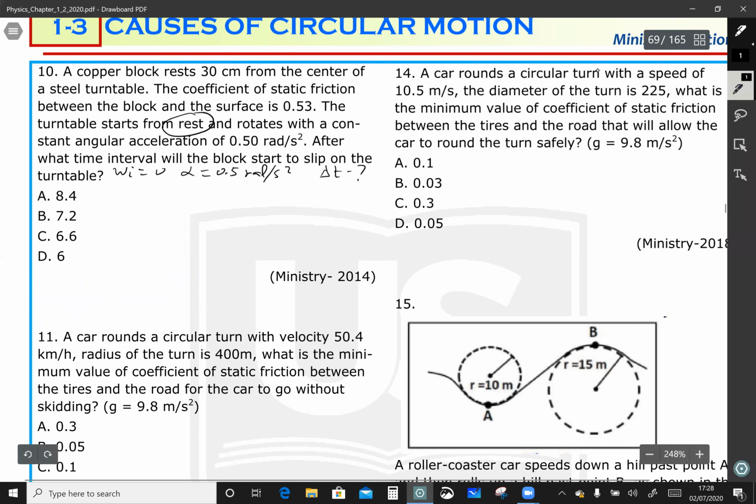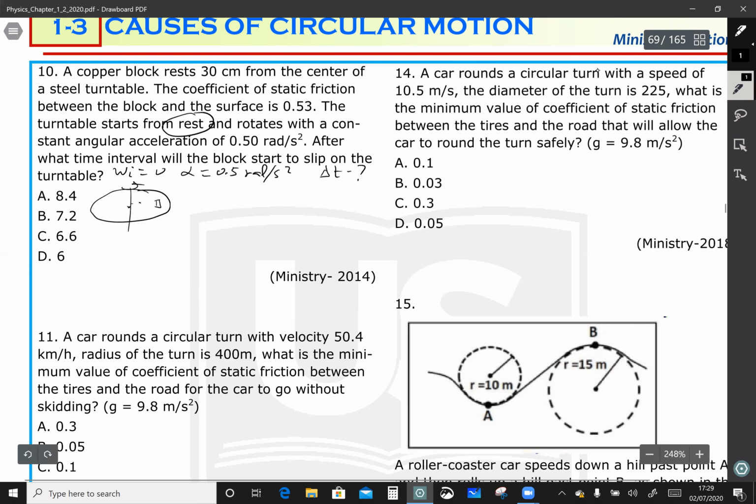Initially the turntable is at rest and the copper block is also at rest. Remember, the diagram is something like this: a turntable, starting from rest, so initial angular speed is 0, and on this table there's a copper block.